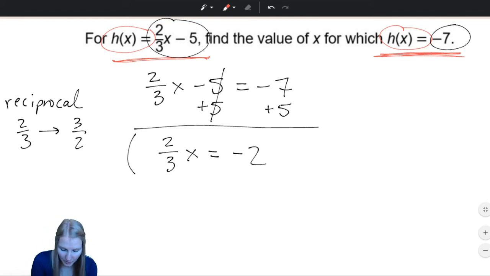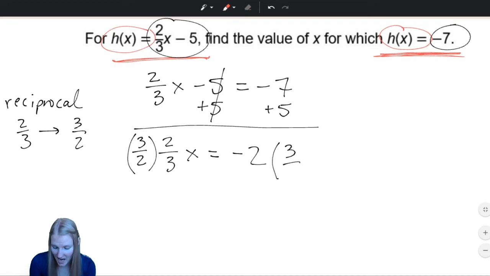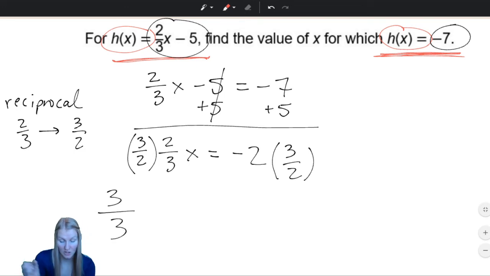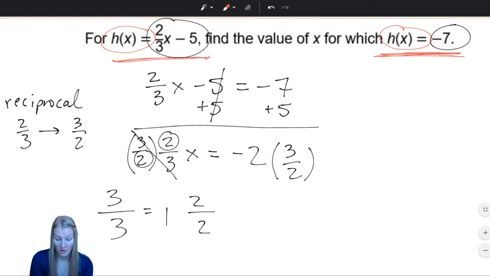So if we multiply both sides by 3/2, look, we have ×3 divided by 3. So they cancel out. If I have a 3 in the numerator and a 3 in the denominator, that's just 1, and they go away. And look, I also have a 2 in the numerator and a 2 in the denominator.